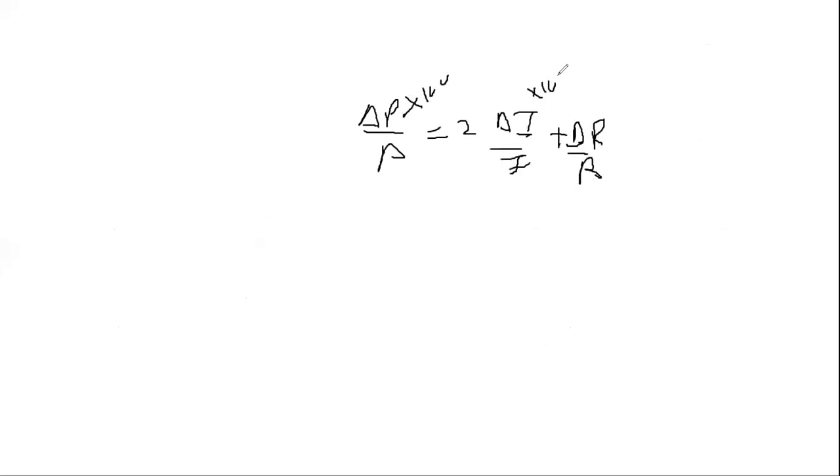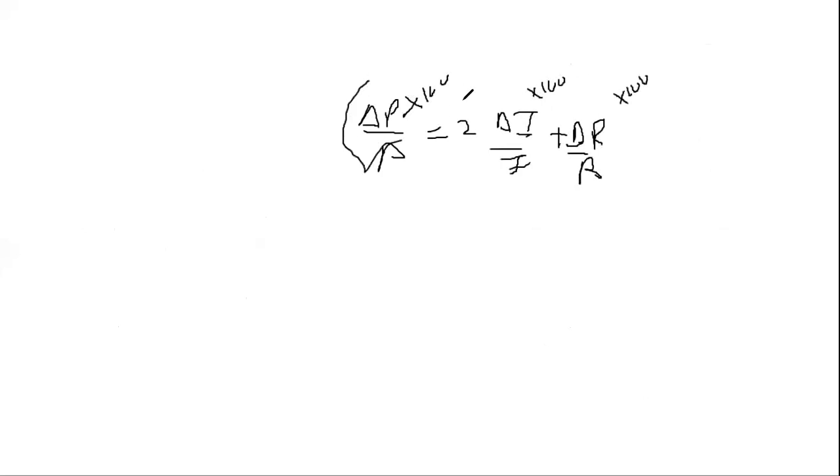Changes of P over P equals to 2 changes of I over I plus changes of R over R, all times 100%, here 100%, here also 100%.